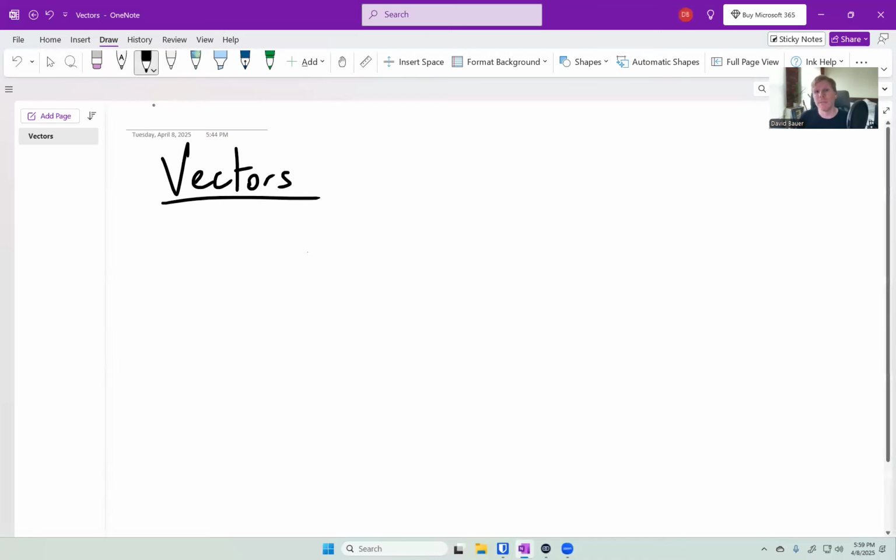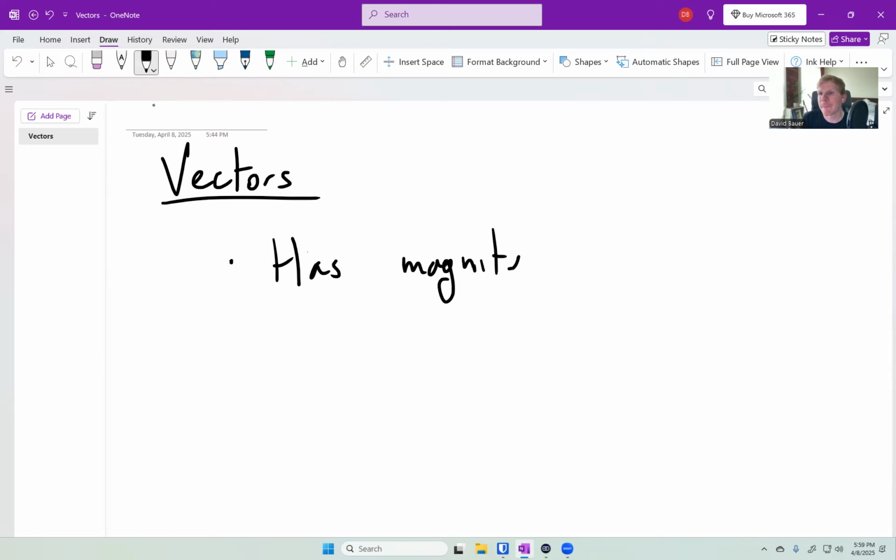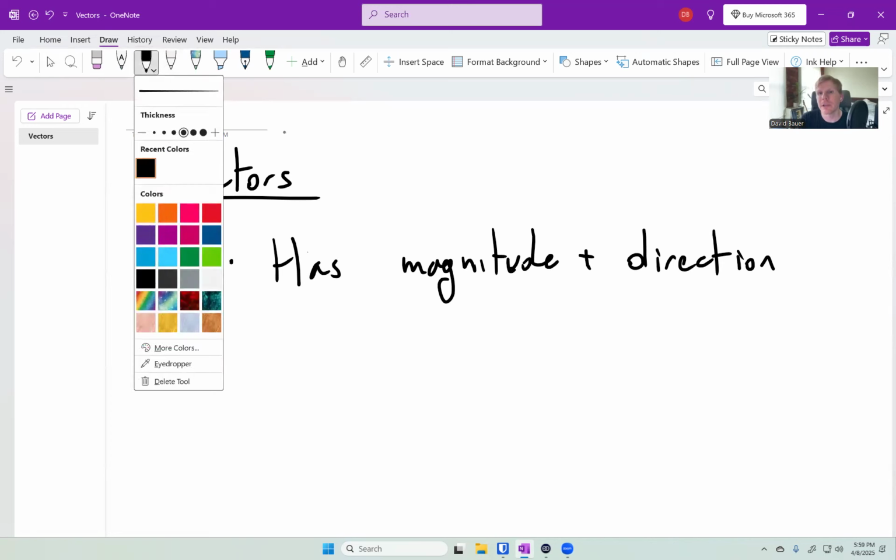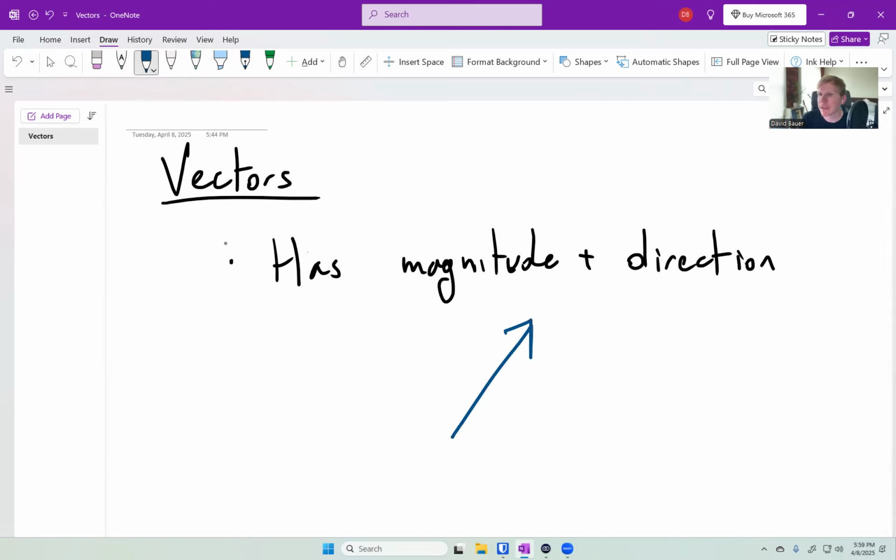So first of all, what do we mean when we talk about a vector? Well, a vector is a quantity that has magnitude and direction. And we can represent a vector quantity graphically with an arrow, like so.